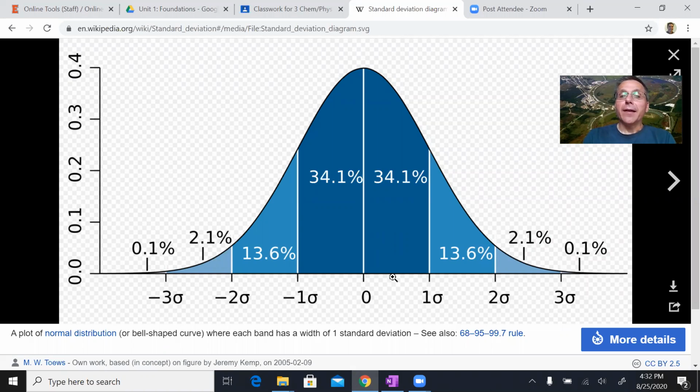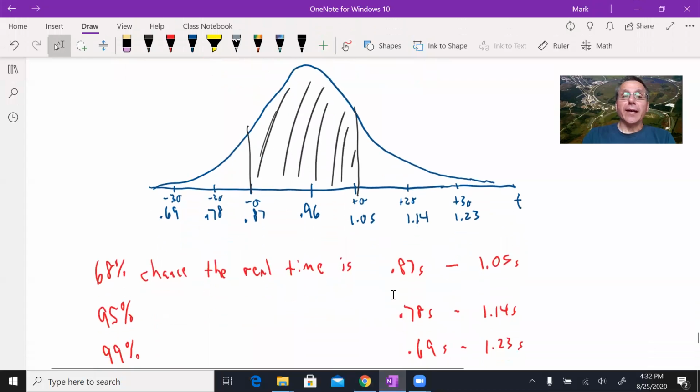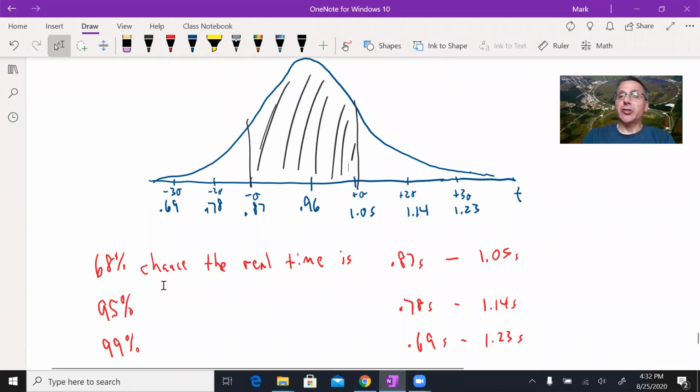What does that mean? Well, that tells us there's a 68% chance, this is probability, that the actual time it took this object to move that certain distance is within this range, if you subtract the standard deviation from the mean to if you add it to the mean.